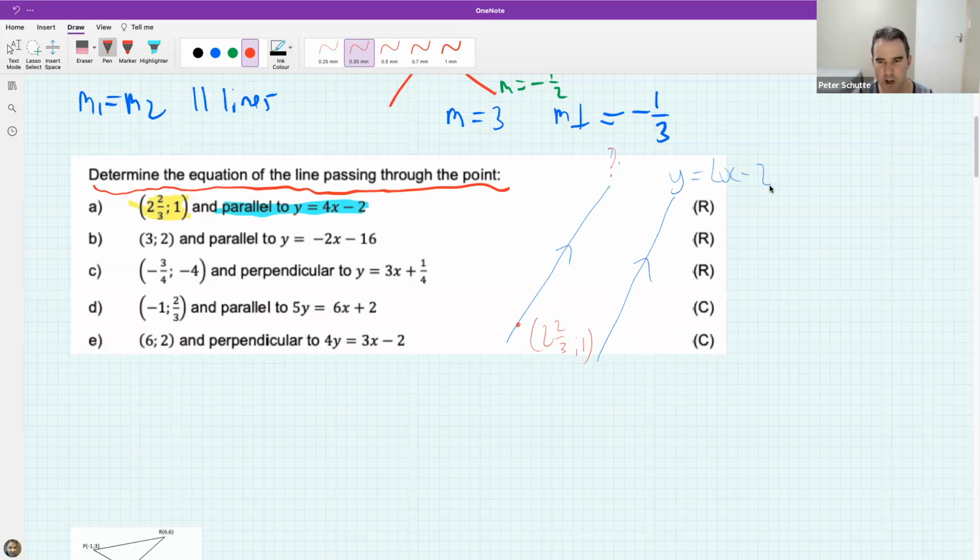I'm going to let you have a go at this straight away, but I'm going to encourage you to ask questions if you're uncertain about something. But let's see if you can find the equation of A. What's the equation of that line? And especially for new students, I encourage you to ask a question if you're unsure of something.